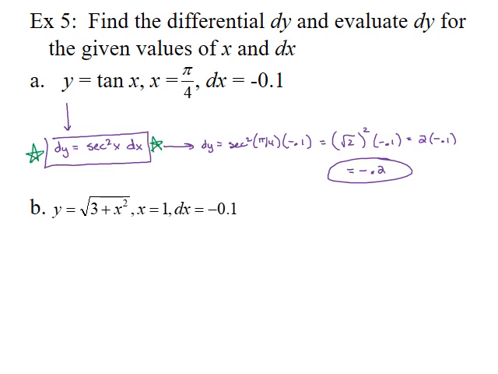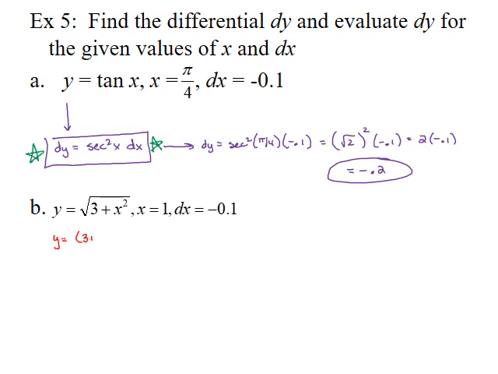All right, and just one more so you have it in your notes. If y is the square root of 3 plus x squared, x is 1 and dx is negative 0.1 again, what is the differential and what is the value? Now this one I'm actually going to have to rewrite a little bit because I'm going to have to do the chain rule again.